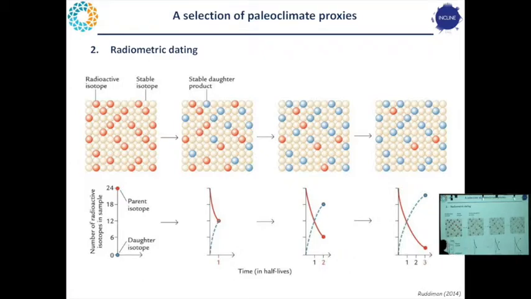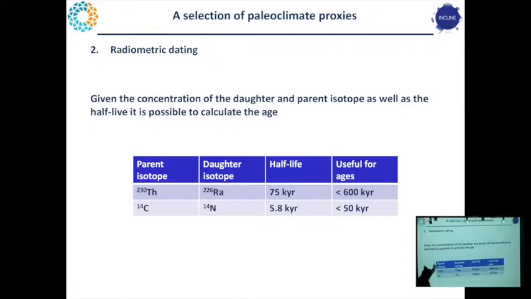So if we know the concentration of the daughter and parent isotope, as well as the half-life, it's possible to calculate the age of a certain sample since its formation. That's great.